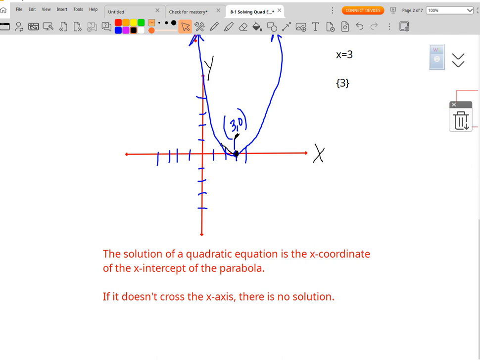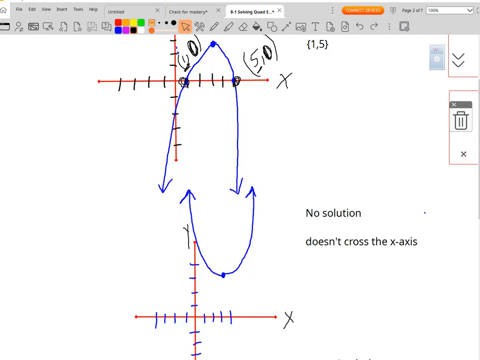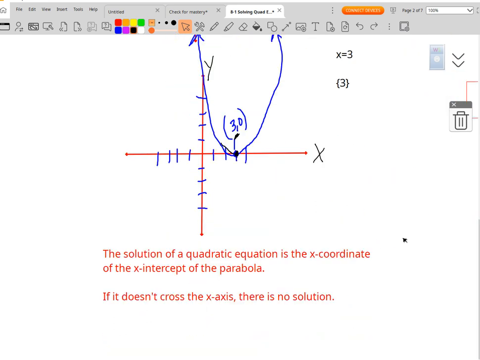There is no solution. So we can have two solutions, one solution, or no solution. Those are our possible solutions.